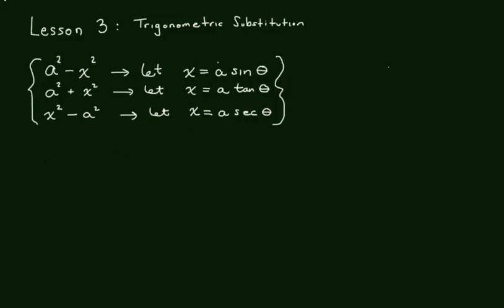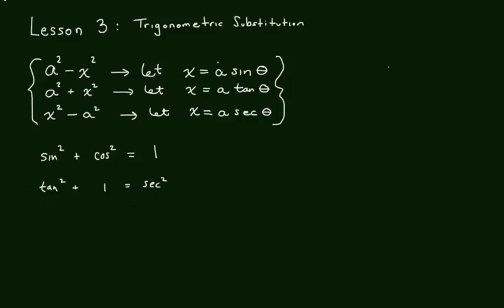Another thing that you should know coming into the course, but we're going to review it, is a couple of identities. Sine squared plus cosine squared obviously equals 1, the standard. Now suppose you divided every term by cosine squared. Then I would get tangent squared plus 1 equals 1 over cosine squared, which is secant squared.